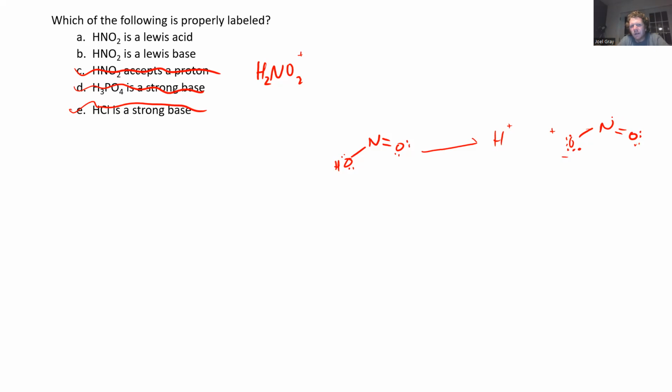It's going to dissociate into that. So HNO2 is not a very good base. NO2 isn't a bad one, but HNO2 is more of an acid than anything else. And specifically, it's going to be a Lewis acid because it can donate that proton, which is what we're looking for when we think about a definition of a Lewis acid.